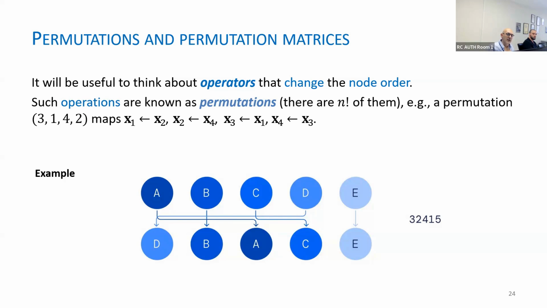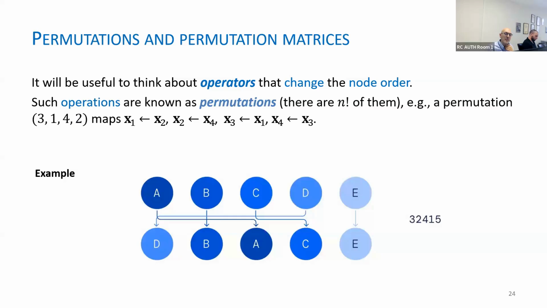The point B, which is in position 2, is mapped again to position 2. The point C, which is in the third position, is mapped to position 4. The point D is permuted to position 1. And finally, the point E is again permuted to the same position, so this point stays in the same order.